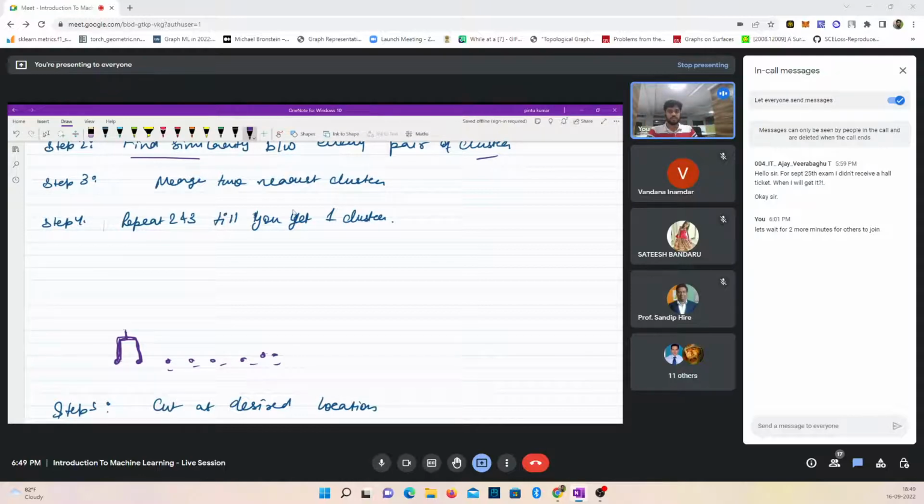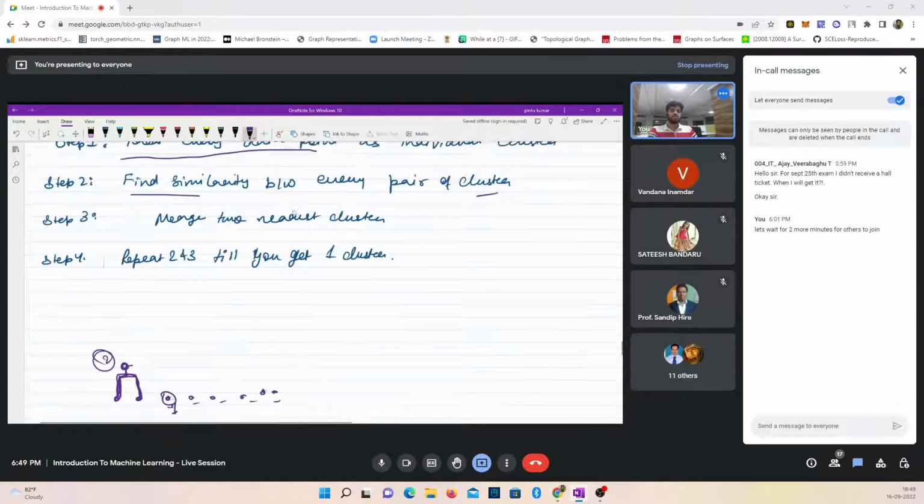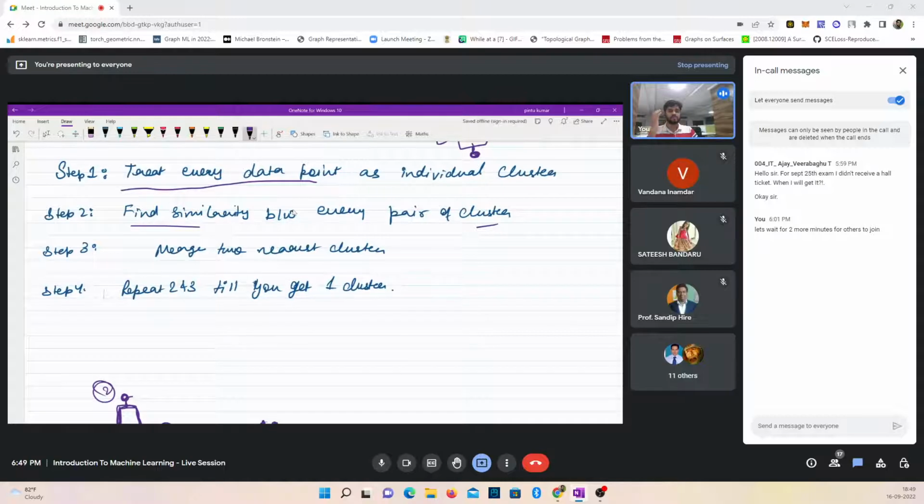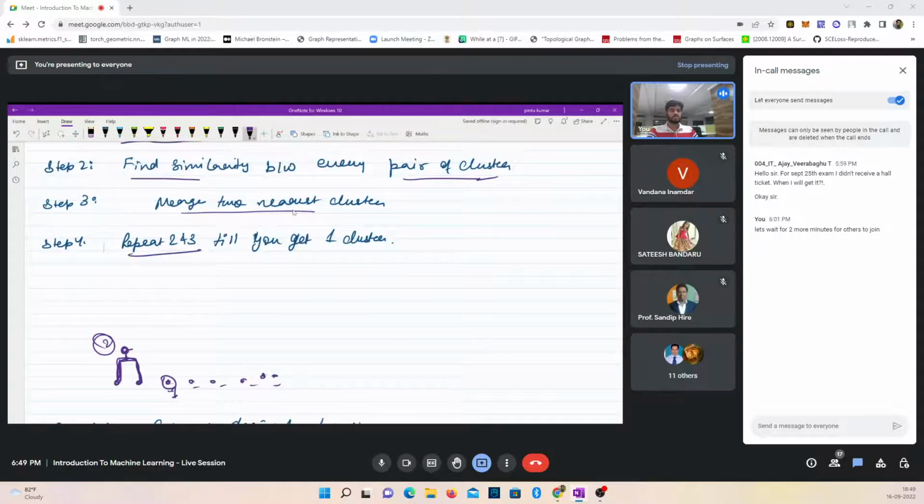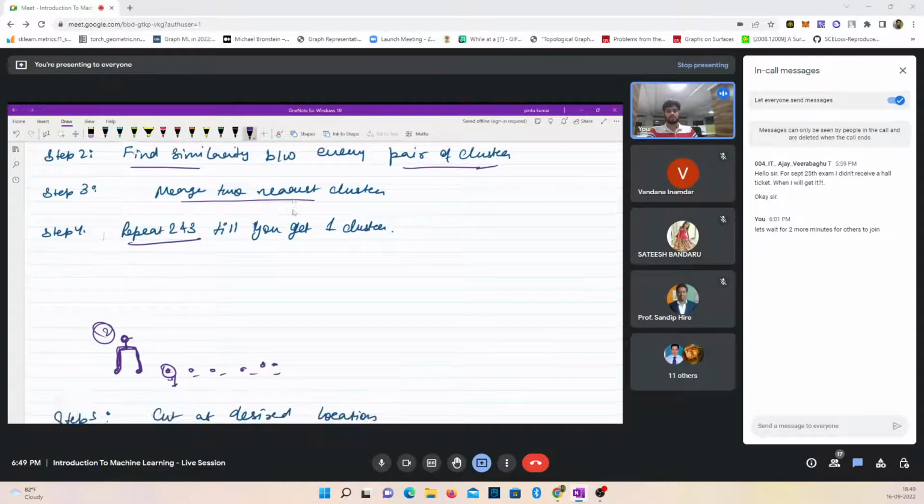Now you need to find the similarity between this cluster and this cluster. So this cluster has now 2 points and this has 1 point. So you need to find the similarity between every pair of clusters and merge the clusters that are nearest to each other. Whichever two are nearest to each other, you merge them in the next step. Repeat steps 2 and 3 until you get one cluster.